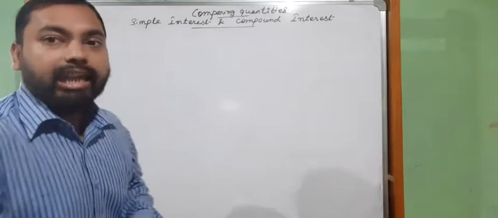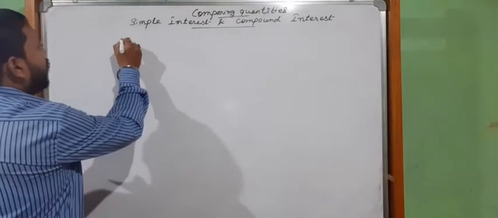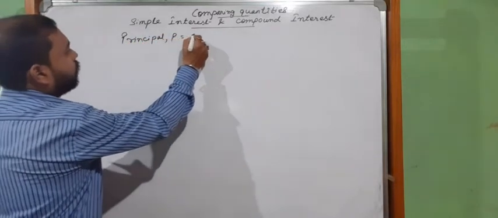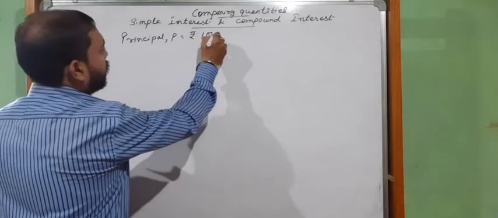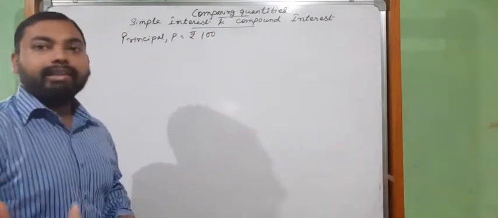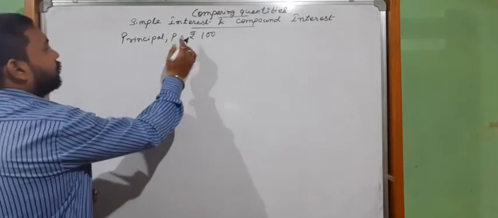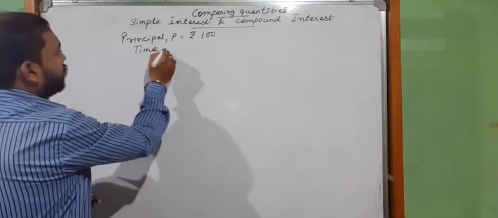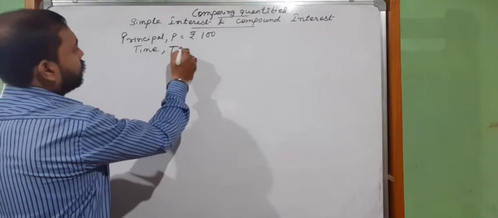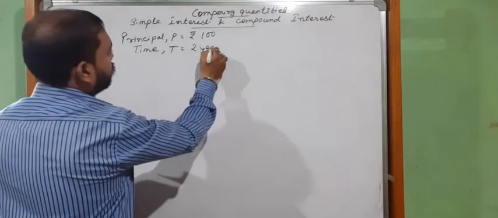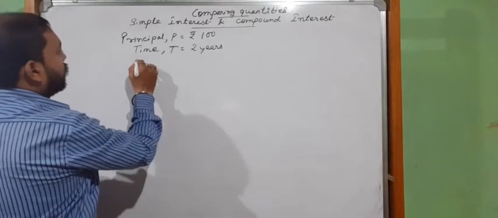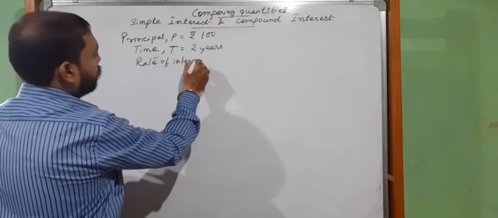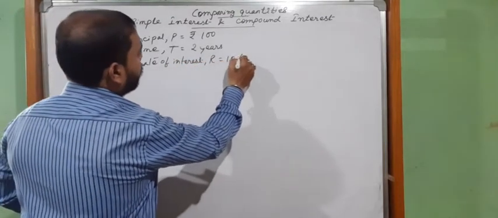Now let us take an example. Principal P equal to rupees 100. Let us take a small amount so that it will be easier for you to understand. Time T equal to 2 years. Rate of interest R is equal to 10% per annum.